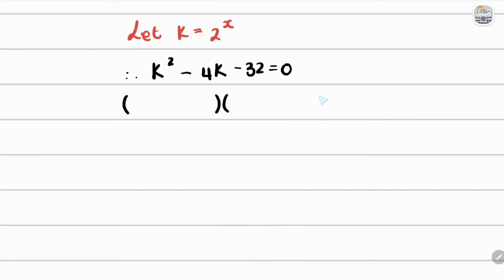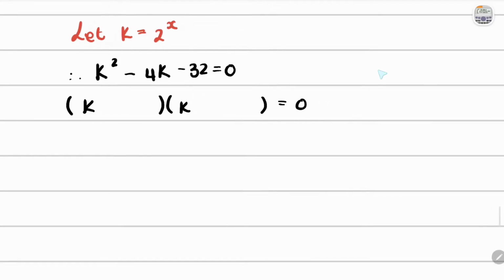So we can open up two brackets, set it equal to 0, and then we have what times what gives you k squared, which is k times k, and what times what would give you 32, specifically negative 32. Well, with this, you're going to have to choose factors that are really just close together. They're not really that far apart. So something like 2 and 16 is definitely not going to work because 16 is way too big. So let's try 4 and 8.